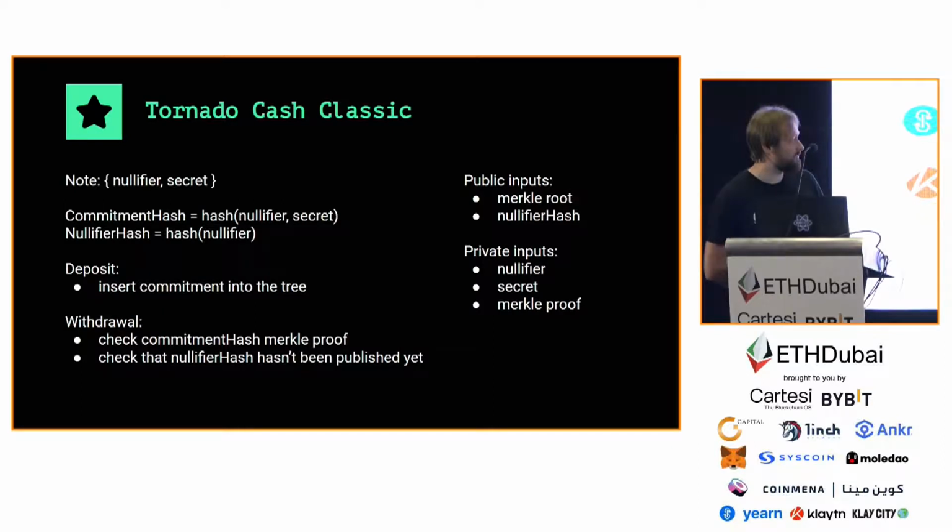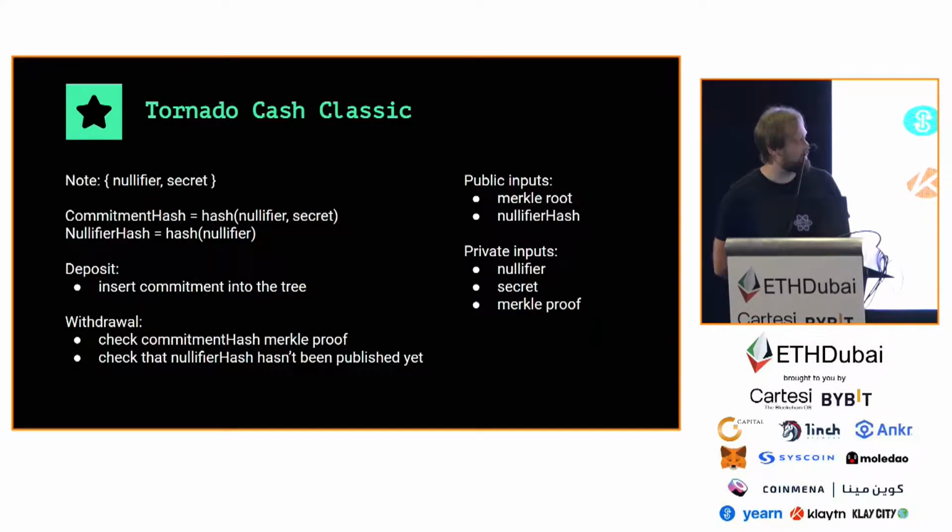So when someone sends a proof with an already known nullifier hash, that means this Tornado Cash note was already withdrawn. So for snarks, the public inputs are the Merkle root, so the smart contract will check that its Merkle root corresponds to the one used to generate the snark proof, and the nullifier hash will also be public.